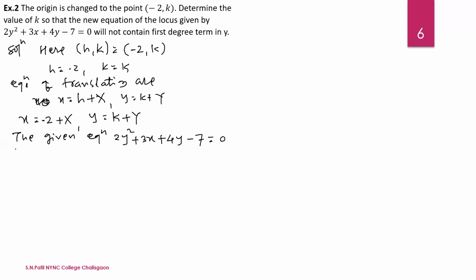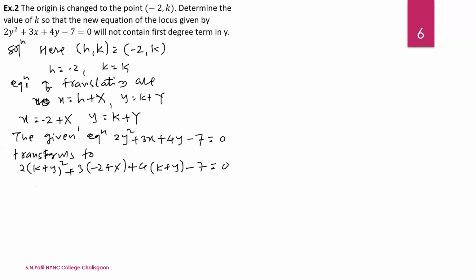We transform this xy equation to the capital X and Y. For that we put x and y: 2 times (k plus Y) square plus 3 times (minus 2 plus X) plus 4 times (k plus Y) minus 7 is equal to 0.